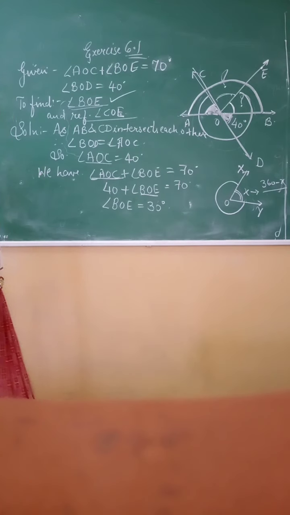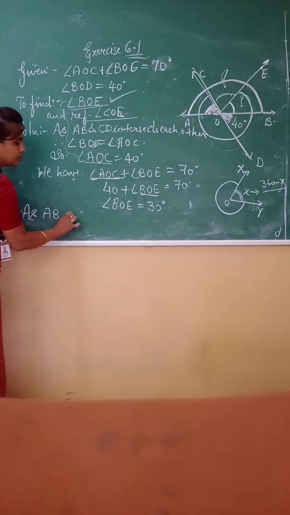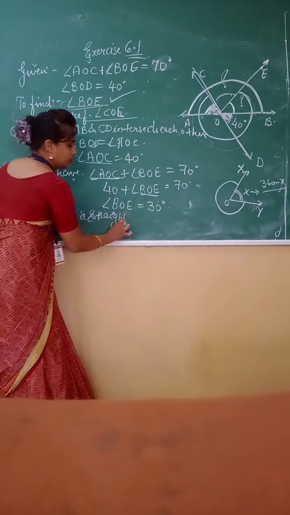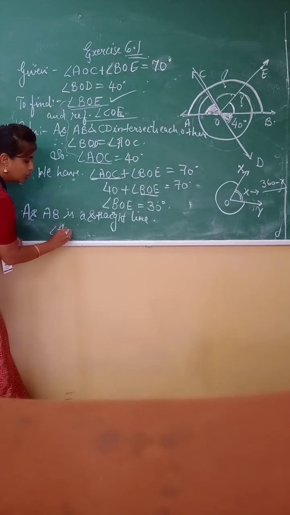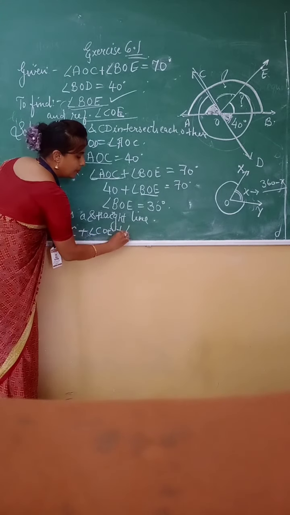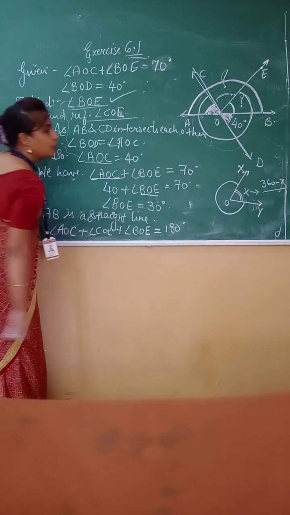It is 180 degree. So as AB is a straight line, therefore angle AOC plus COE plus BOE is equals to 180 degree.